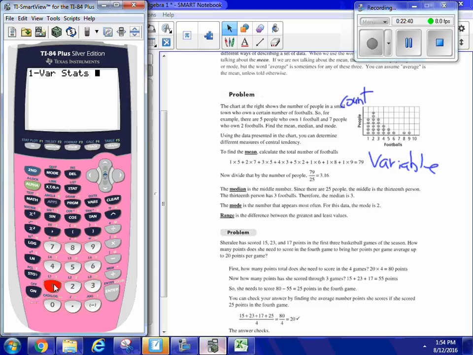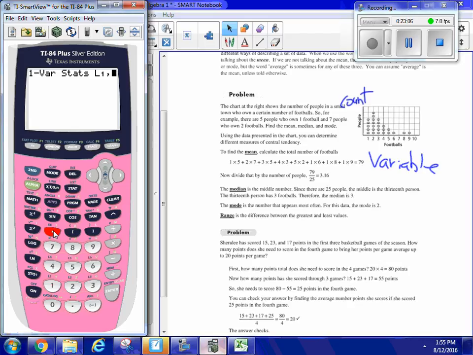If you look above the number 1 on your calculator, which is red right now, and the arrow is pointing to it, there's a little blue L1. So if I want to enter L1, I go second, L1. I put a comma, and I put second, L2. So now I have identified for the calculator the 1 variable stat that I want to analyze.